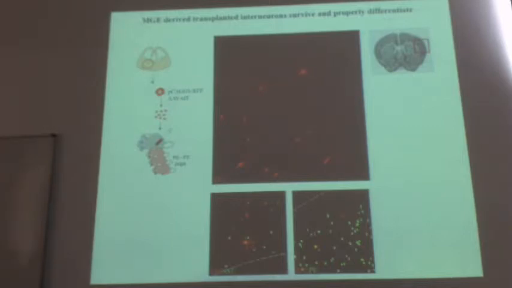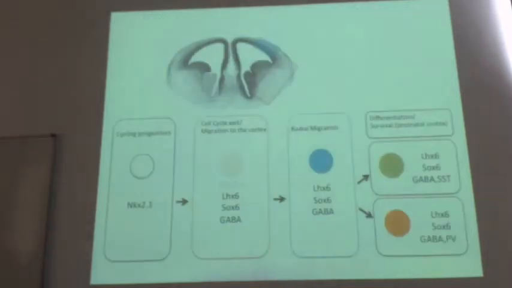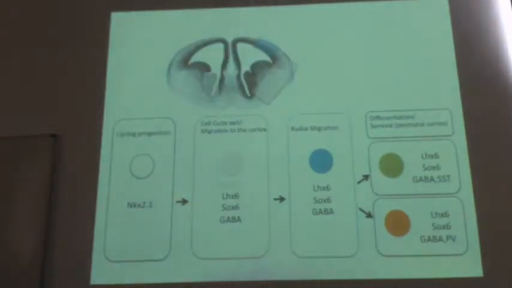So the fact that I'm using MZ interneuronal precursors and I graft them in the postnatal brain, and these interneurons manage to properly differentiate and integrate in the host network, might suggest that all that you need in order to make interneurons is just the battery of transcription factors which is expressed at these early developmental stages.